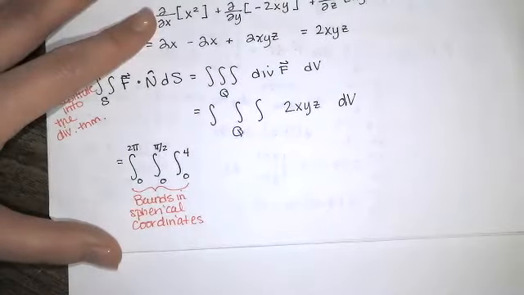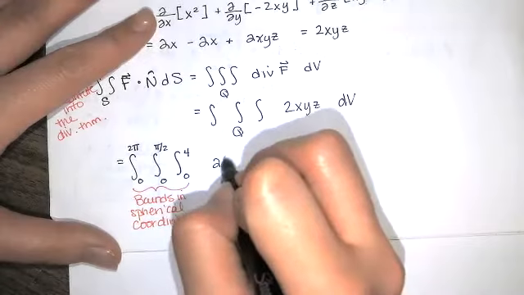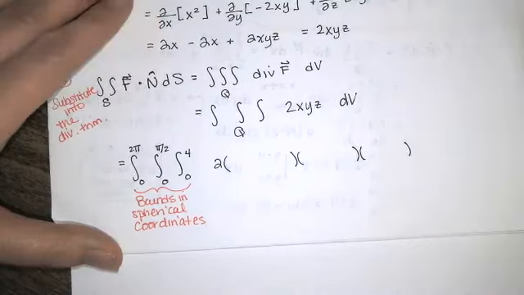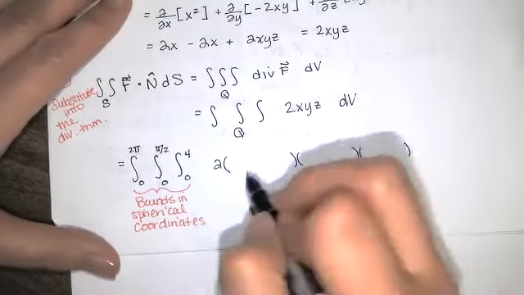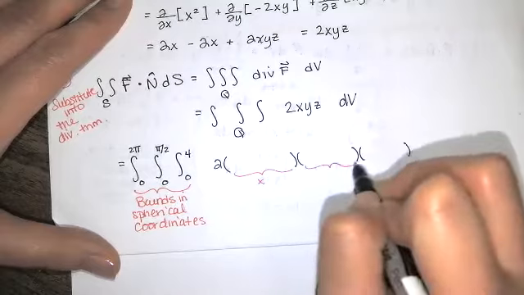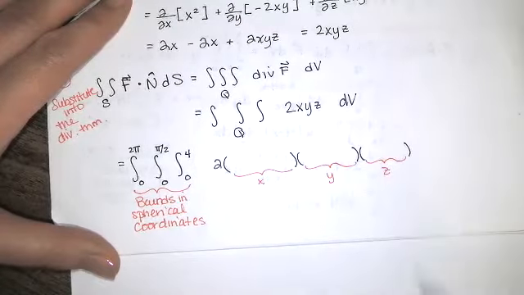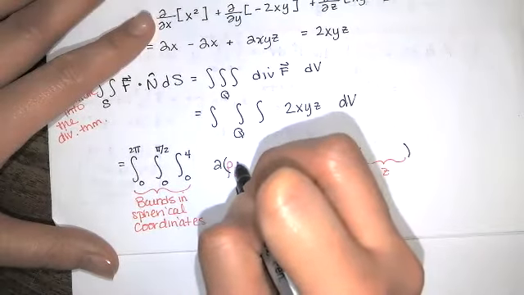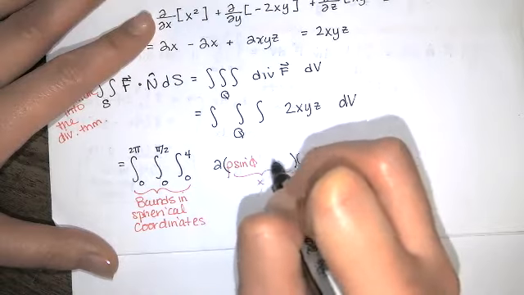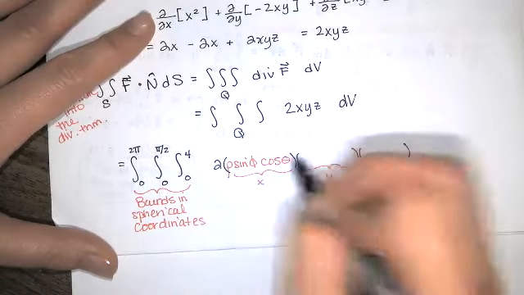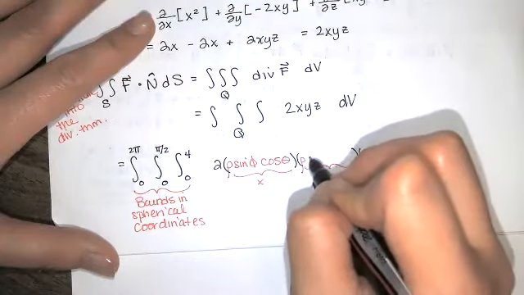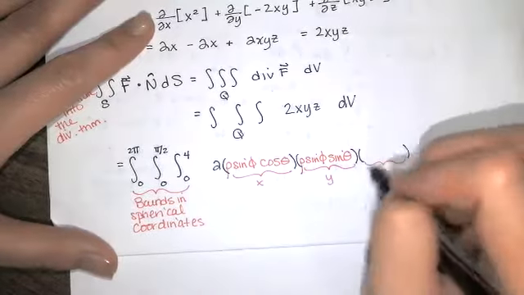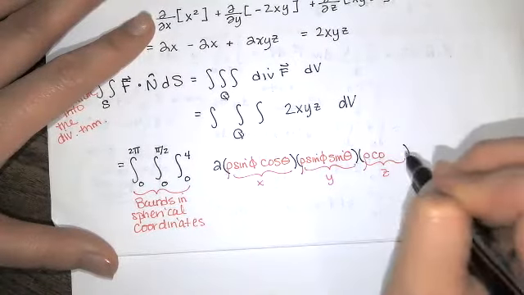We need an integrand in spherical coordinates. So we need to substitute x, y, and z in spherical coordinates. Well, in spherical coordinates, x is rho sine of phi times cosine of theta, and y is rho sine of phi times sine of theta, and z is rho times cosine of phi.